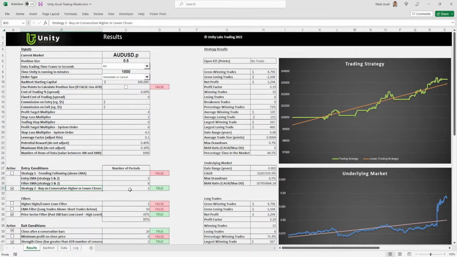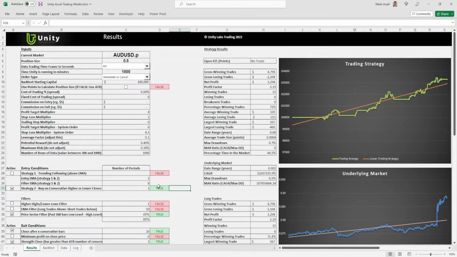Talked a bit about this. Very, very simple. At the moment, all I'm doing on its absolute basic setting is buying on a single consecutive higher close, so a single bar forward. That's all we need to do to trigger an entry using the entry conditions.